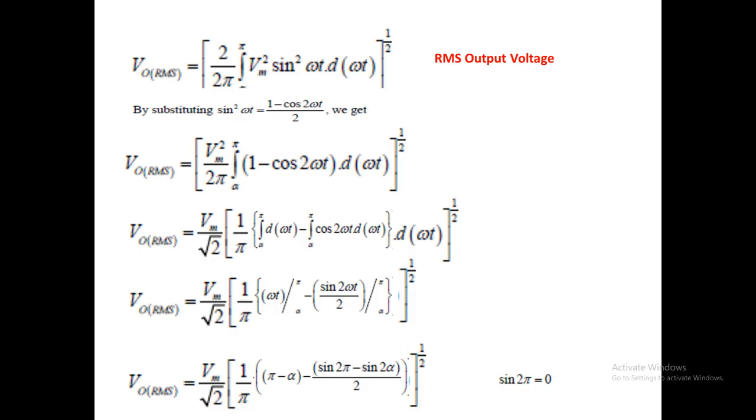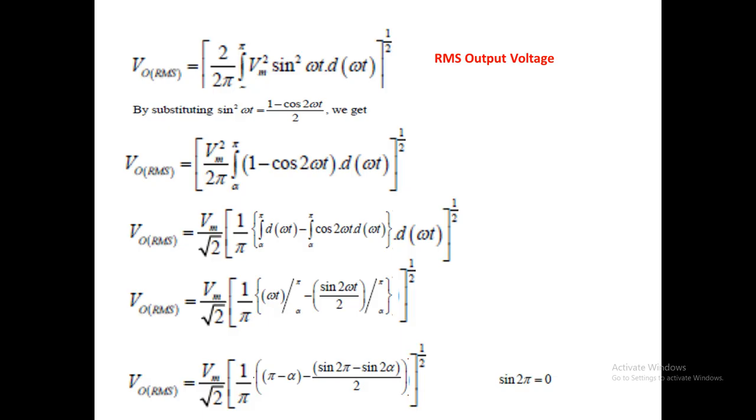So the Vm square by 2 pi, we can take it outside the square root, that is the root of Vm square is Vm, and with the 2 taken outside it can be root 2, and 1 by pi is inside.